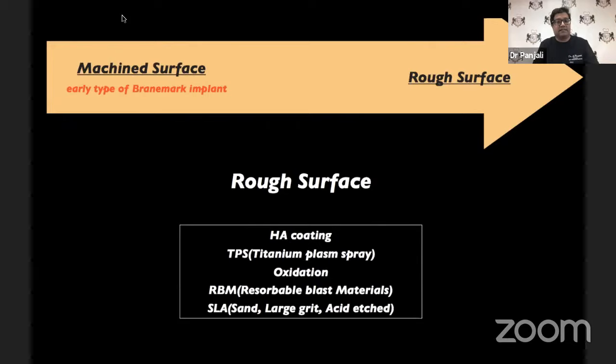The second part of an implant is the surface itself. Now, when we look at it historically from Brånemark's time, he started with a machine surface, and now we're talking about rough surface. And how do we achieve this rough surface? Well, there are two ways. One is that we blast the implant with something and take something away from the implant surface.